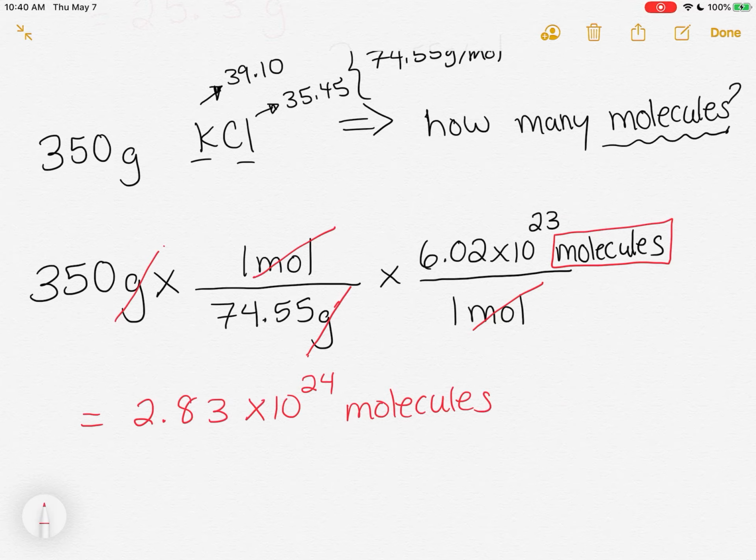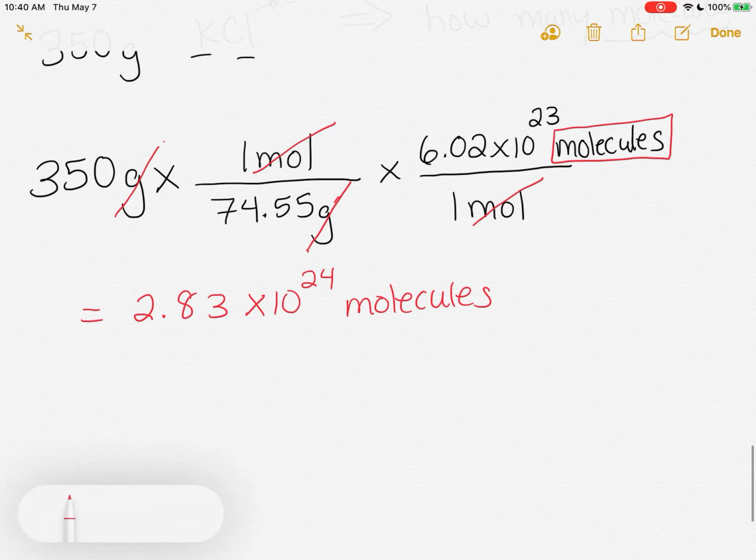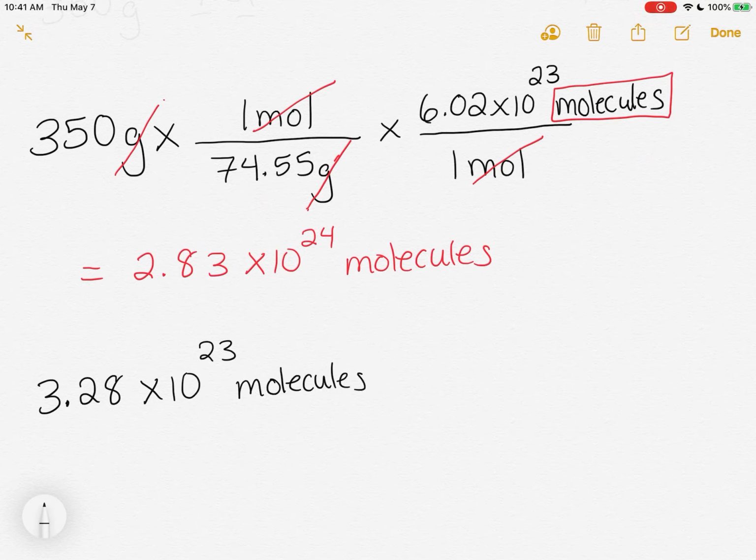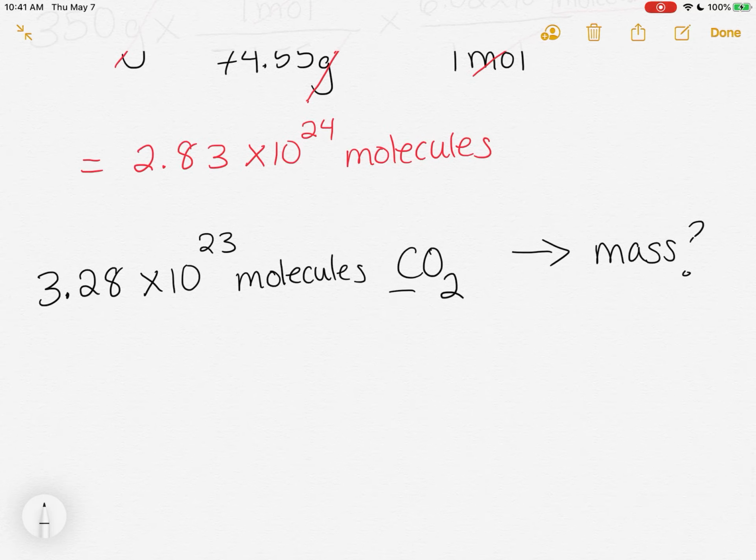Okay, let's try that one more time. Let's go backwards. So let's use carbon dioxide this time. So say I have 3.28 times 10 to the 23 molecules of carbon dioxide, and I want to know the mass of carbon dioxide.